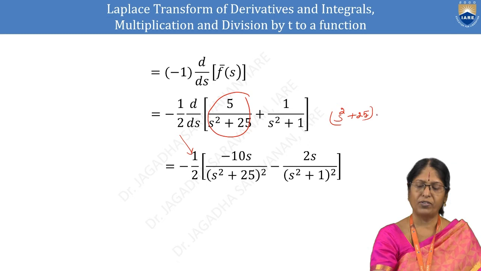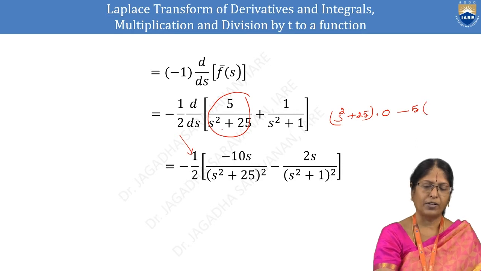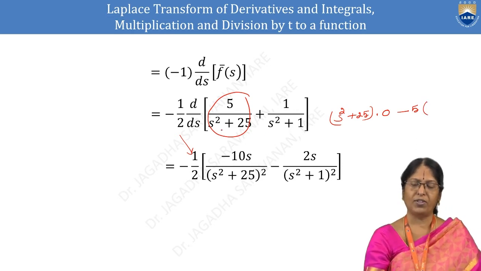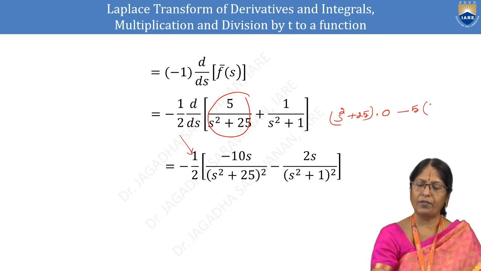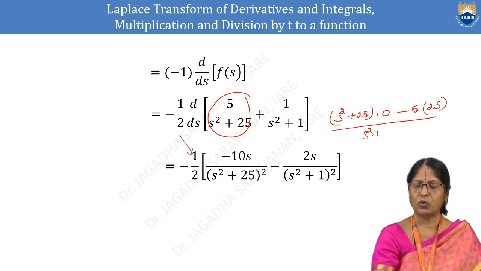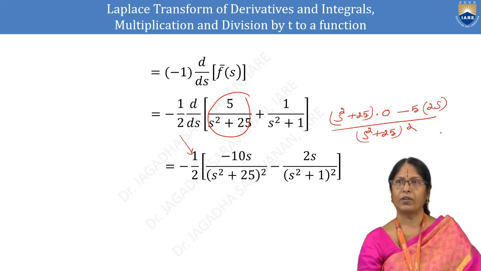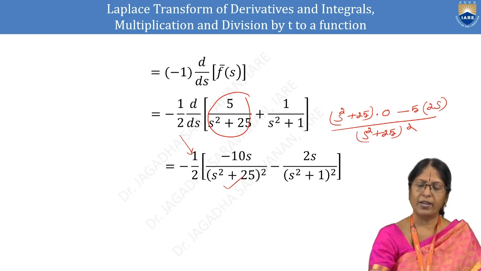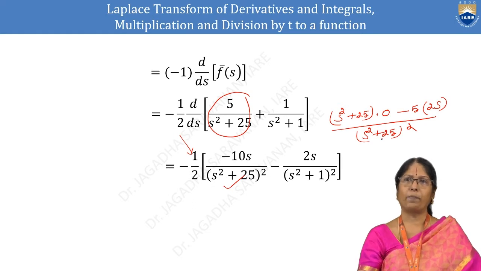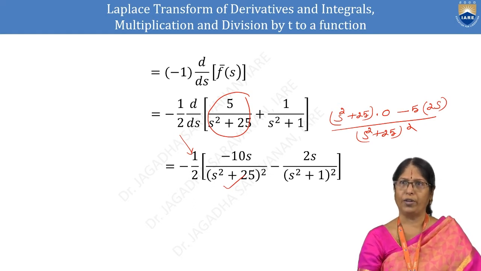The differentiation of 5 is 0, minus the numerator 5 times the differentiation of the down part, s square, which is 2s, divided by s square plus 25 the whole square. So it is written as minus 10 by s square plus 25 the whole square.